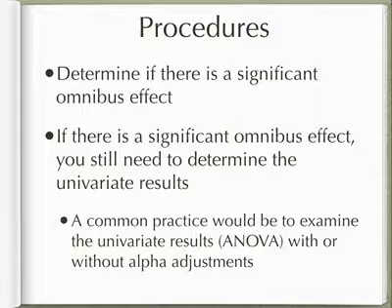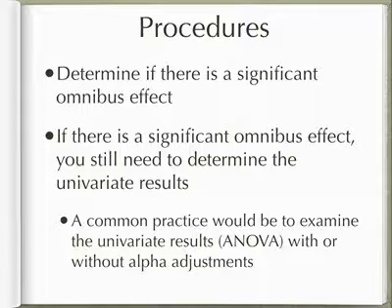And that's what I'm saying here. By default, that's what SPSS gives us. It gives us the multivariate results, we assess those, and then it gives us ANOVA results, and we can assess those just like we've assessed ANOVA so far.